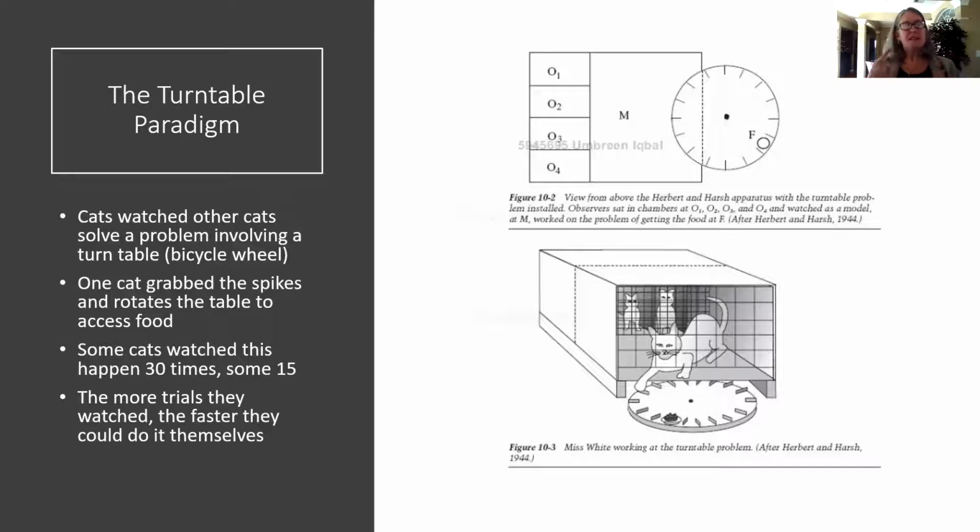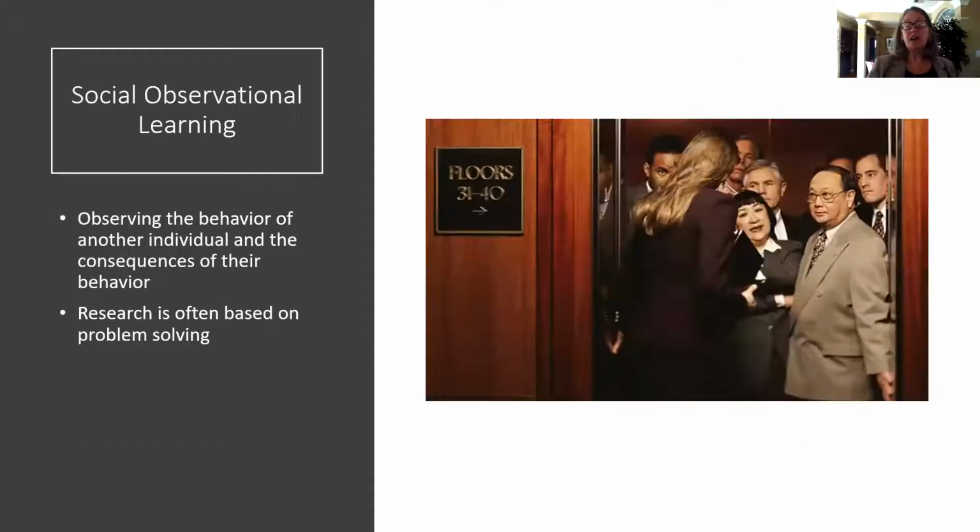So we see that it does seem as though cats in this paradigm are able to observe a model perform a behavior, get a consequence, in this case, the food, and then they're able to learn from it. So they're more likely to do it.